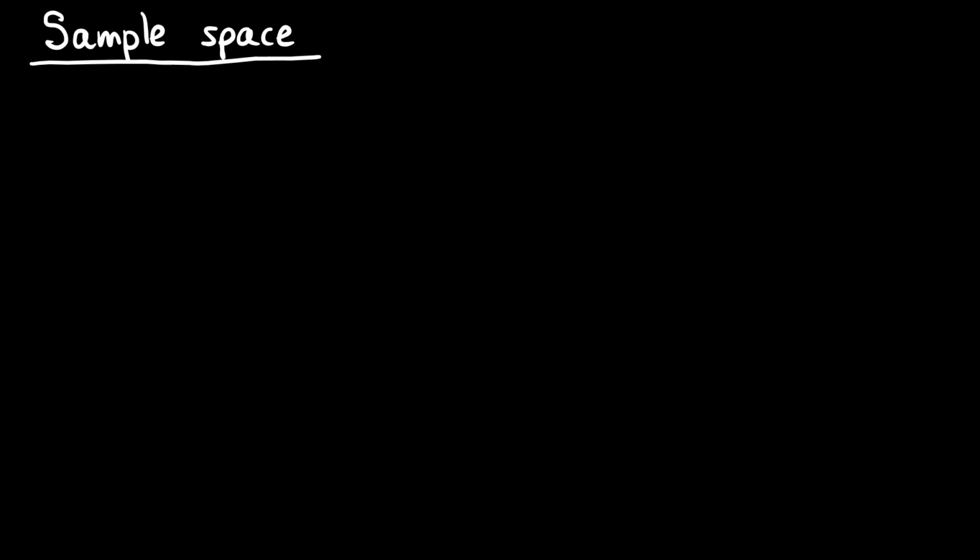So if we think about the experiment of tossing a coin, then we know that heads is one possible outcome, tails is the only other possible outcome, and if we put these outcomes, which are all the possible outcomes of this experiment, in a set denoted by capital S, this is the sample space of this experiment. And I might number this experiment as 1A.